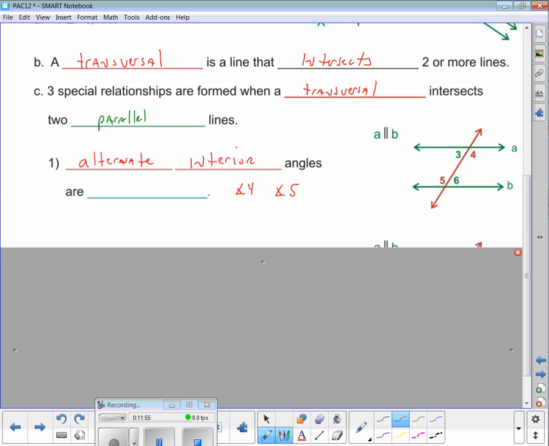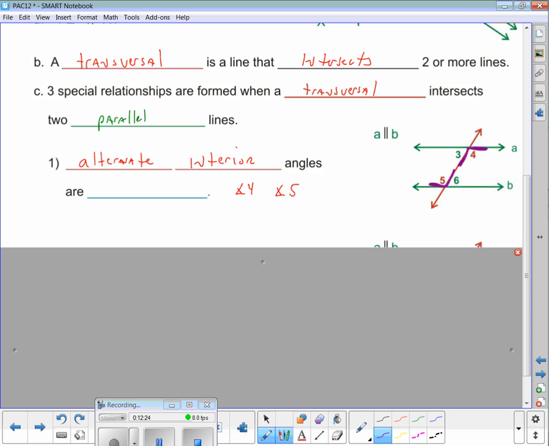So let me see if I can get you guys to understand why we call them that. Angle 4, again, is right here, yes? And angle 5 is right here. Do you see how one is on one side of the transversal, the red line, and the other one is on the alternate side of the transversal? That's why we call them alternate. The other aspect is, do you see how they're in the interior?